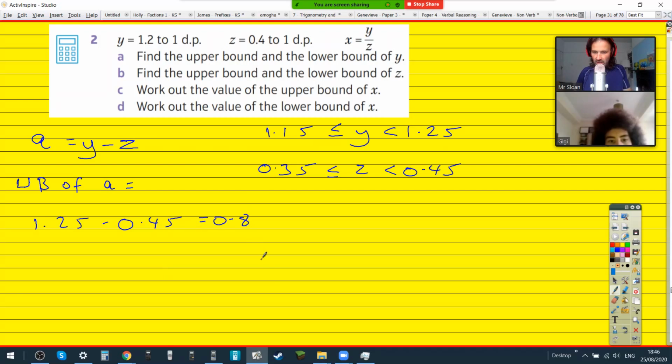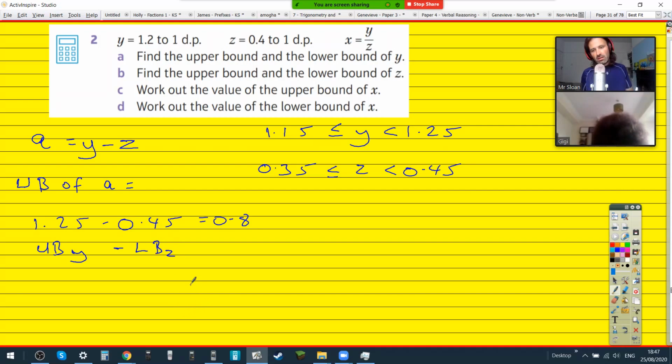Is there a different selection of numbers that will give you an even bigger number? Oh no, that was the upper bound. So try the upper bound of y, take away the lower bound of z.